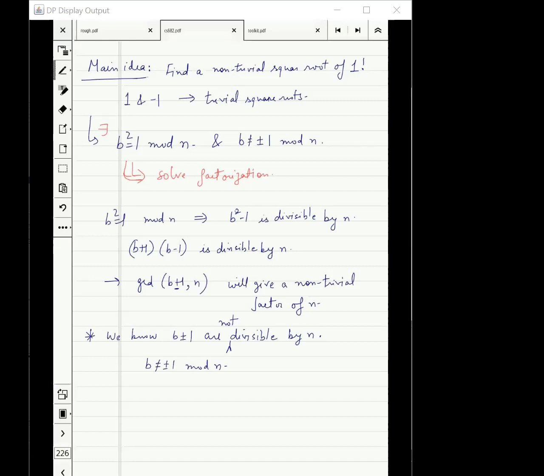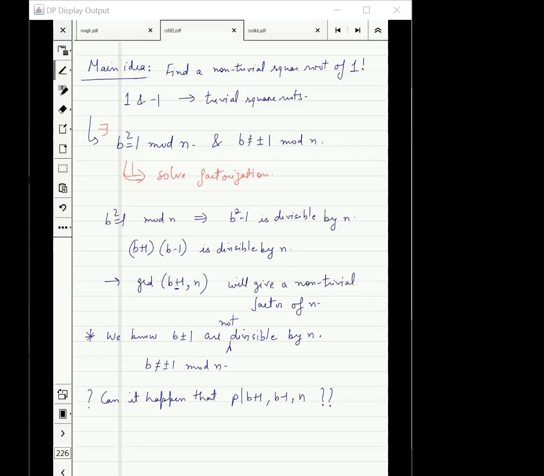Can it happen that some prime of n is in both b plus 1 as well as b minus 1? So can it happen that there is a prime factor of n which divides both b plus 1 as well as b minus 1?